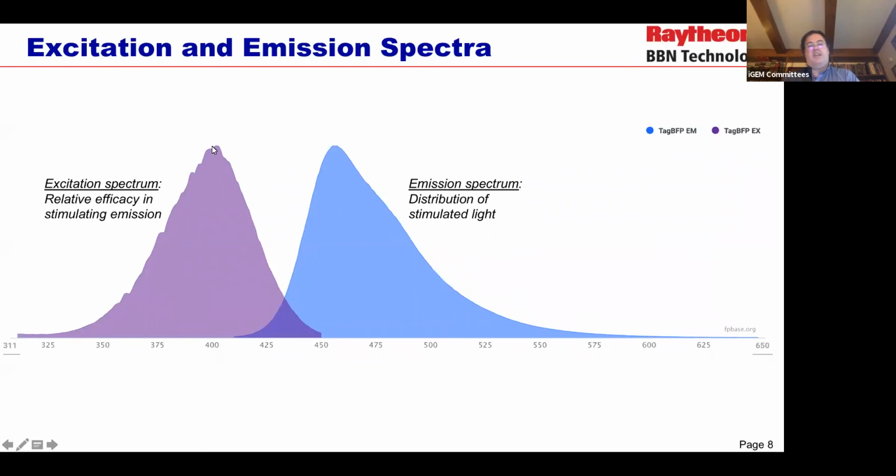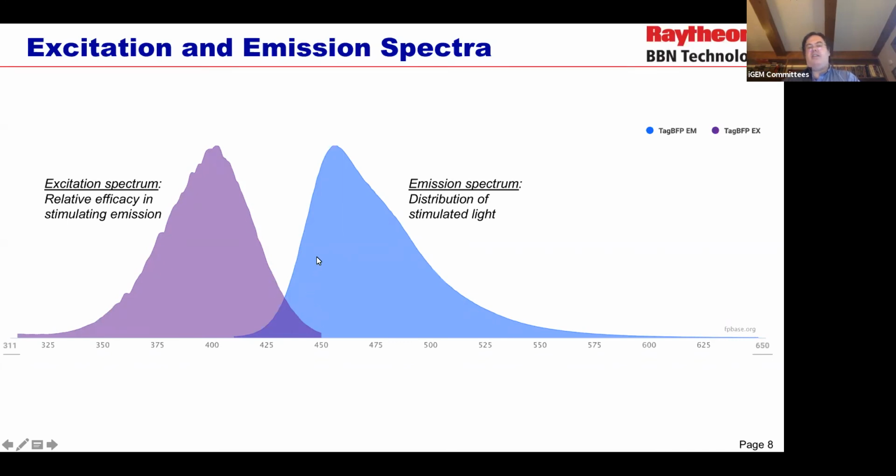So in this case, we can see, for example, that about 400 nanometers, that's a nice violet light, is the maximum efficiency for stimulating tag BFP. And if we go to more and more on the violet side, to lower nanometers, the efficacy drops off. And by the time we get down to 350 nanometers, we're barely stimulating this molecule at all. Same way as we go from violet down towards blue, our ability to stimulate the molecule starts to drop.